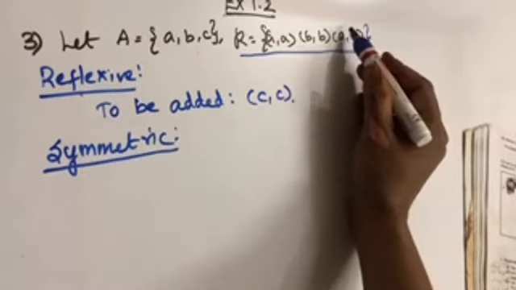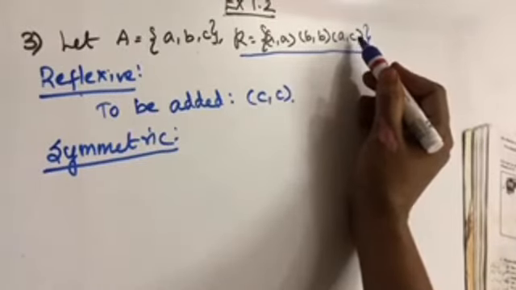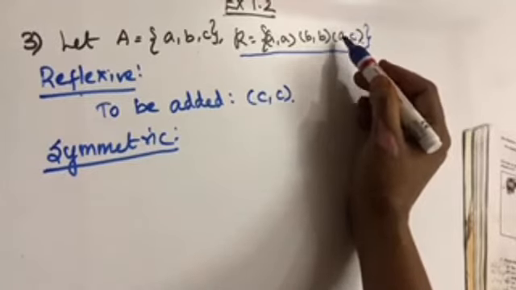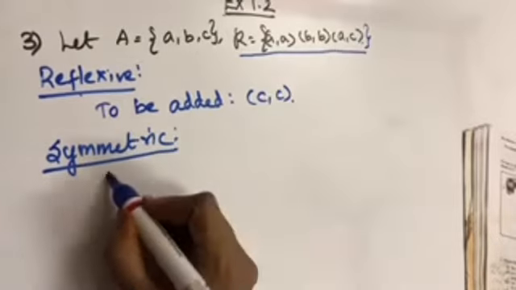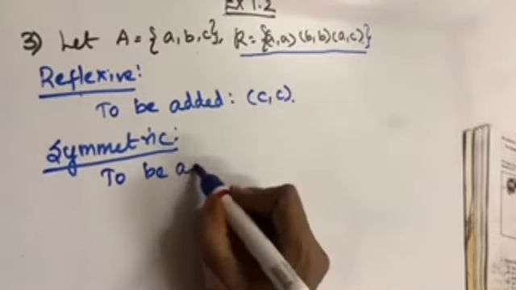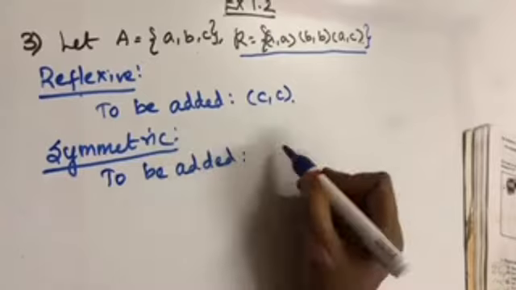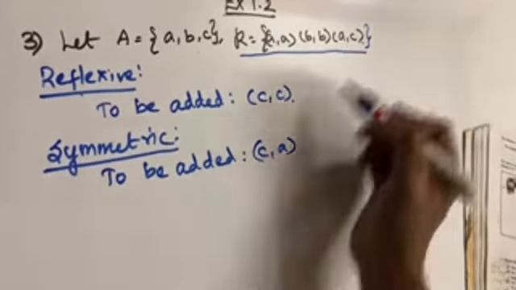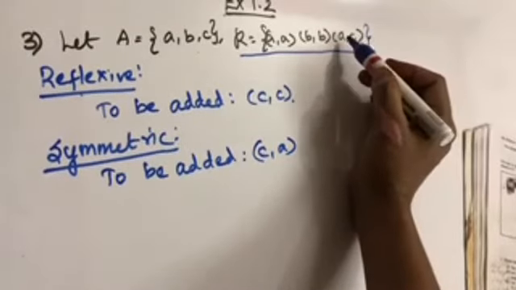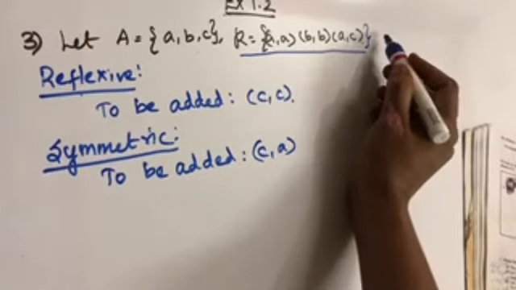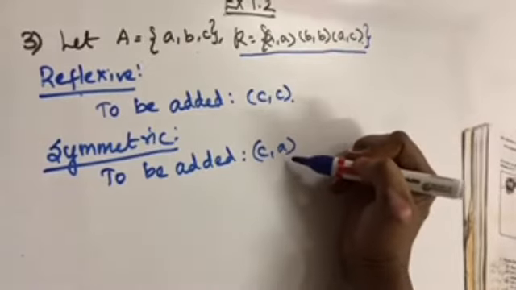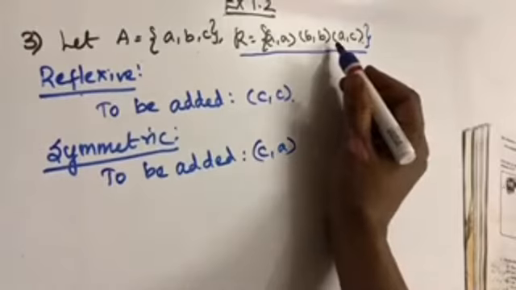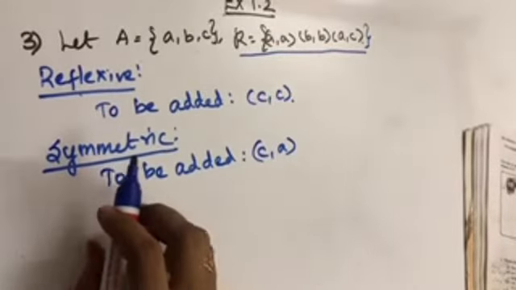But here A is related to C, and no element is here to ensure that C is related to A. So the term to be added is (c,a). If we add this to the relation R, then A is related to C, and C is also related to A. So this is the only term to be added to R to make the relation symmetric.